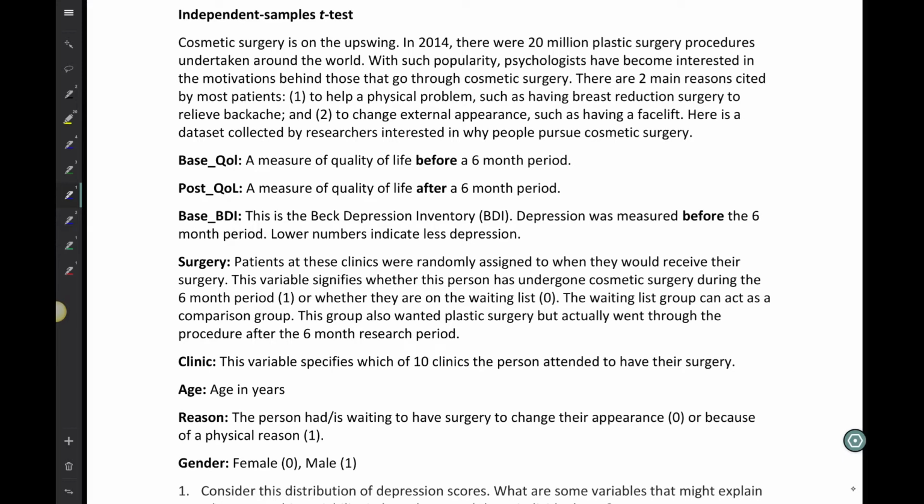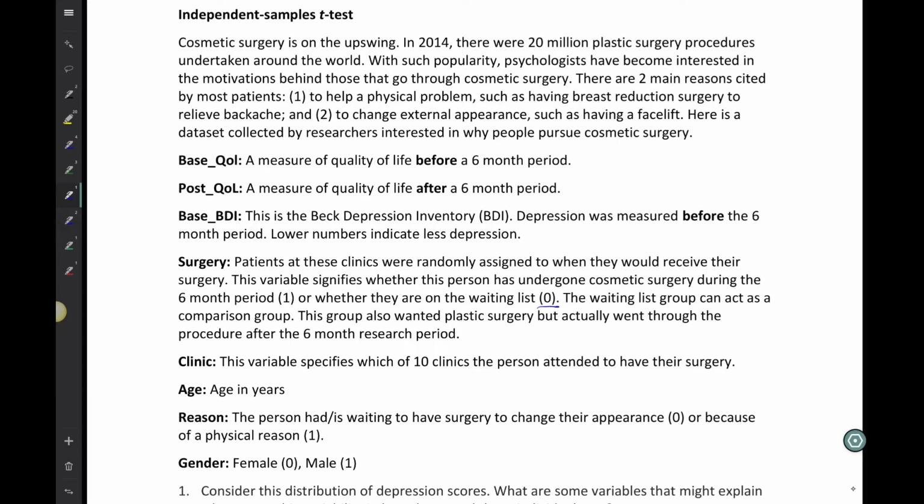This group also wanted to have plastic surgery, but they actually went through the procedure after the 6-month research period. So during the 6-month research period, when they did all these measurements, some people had the surgery and they were coded as 1, or they were still on the waiting list and had not had the surgery. So they were the control group, and that's group 0.